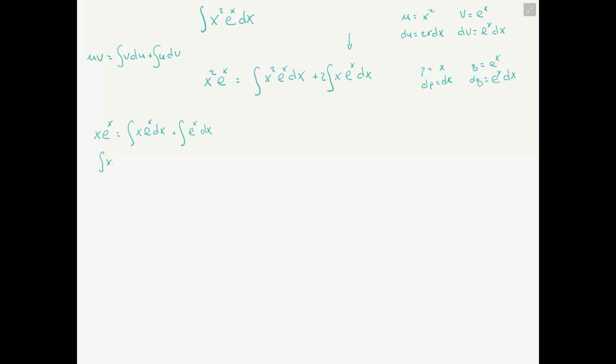And so our integral of x e to the x dx equals x e to the x minus e to the x plus c.